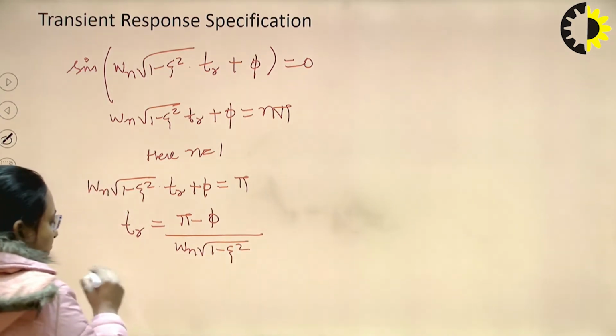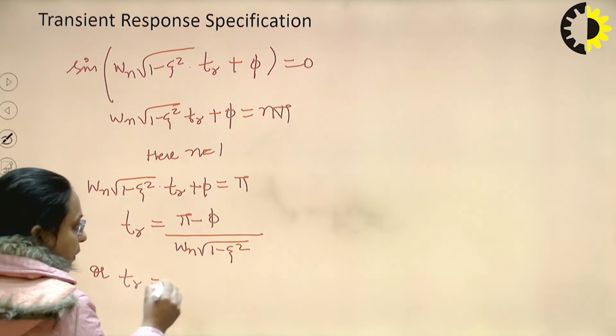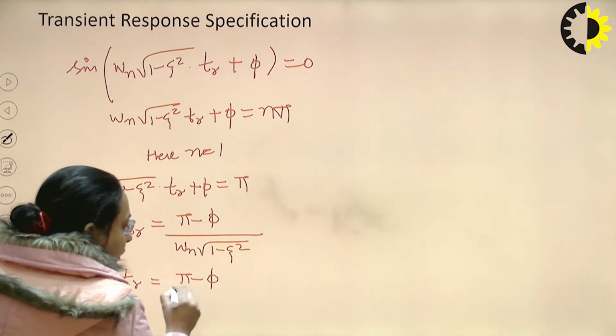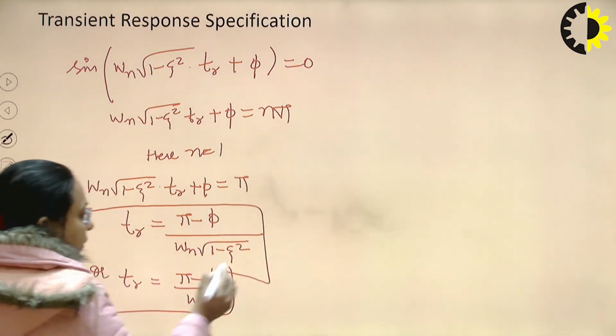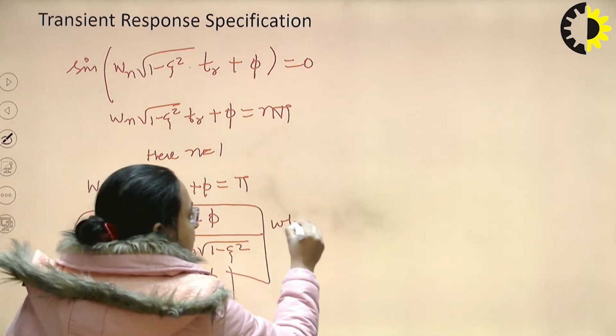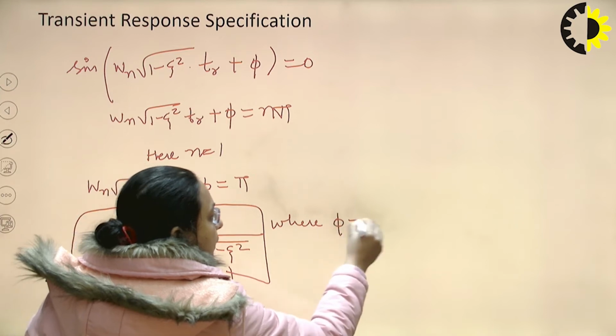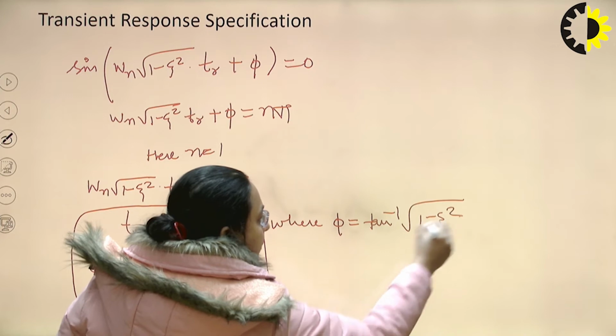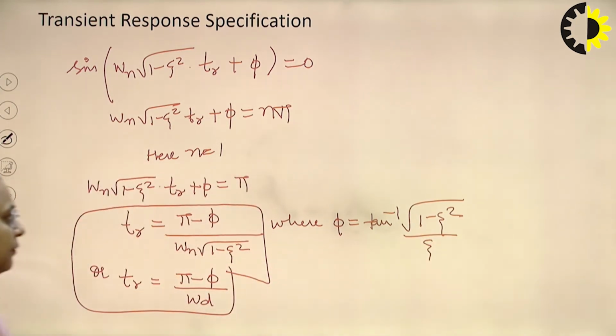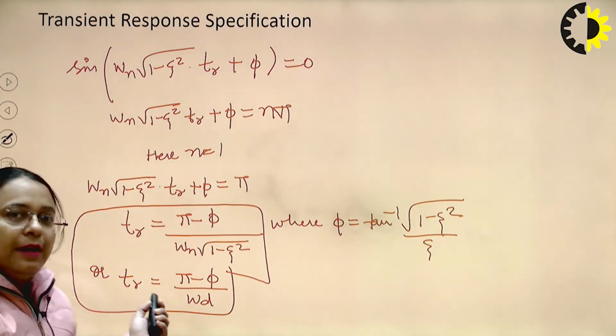Or it can also be written as TR = (π - φ) / ωd, where φ = tan⁻¹(√(1-ζ²)/ζ). So this is the expression for the rise time, okay?